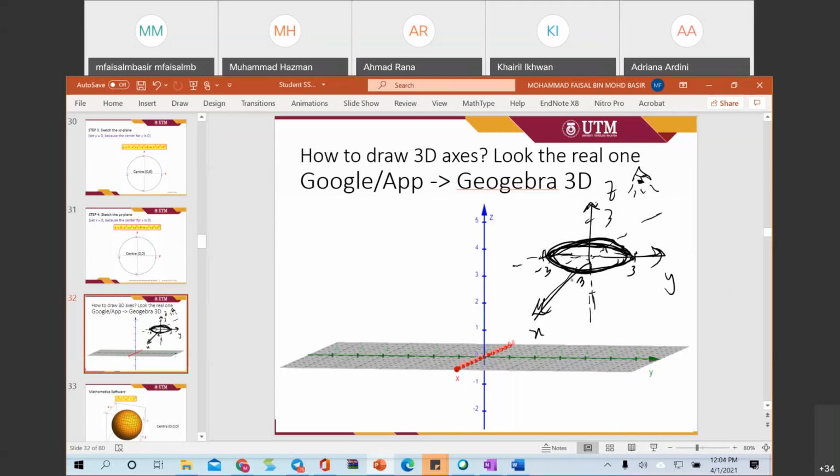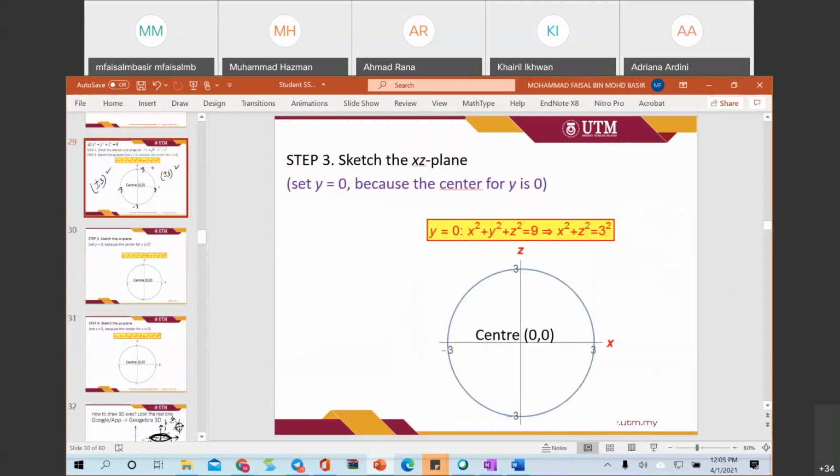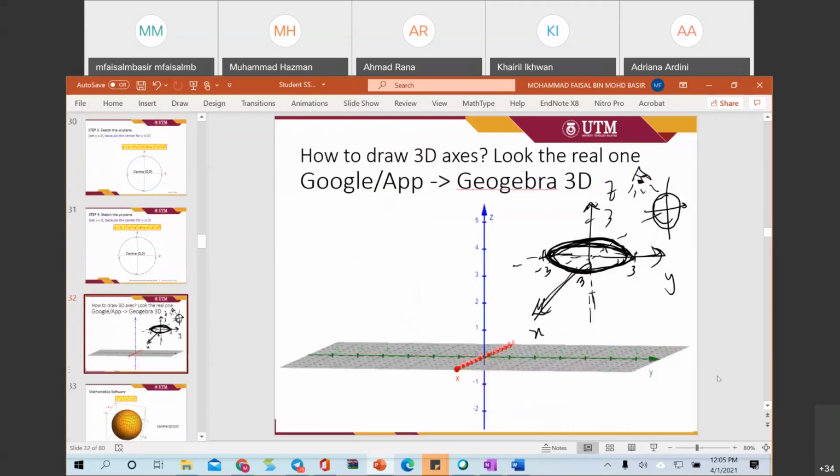Actually, when you put your eyes here, when you stand above this circle, it will look like this. Okay. So accept this first.